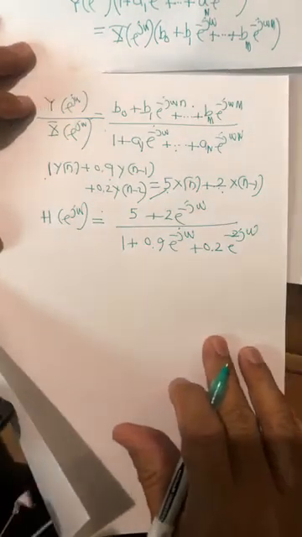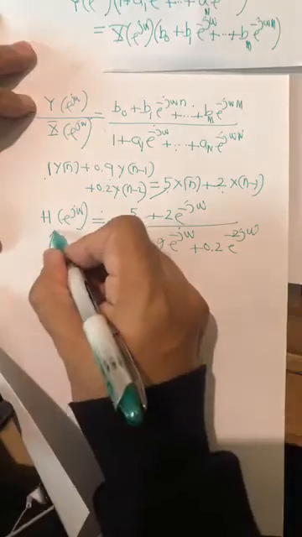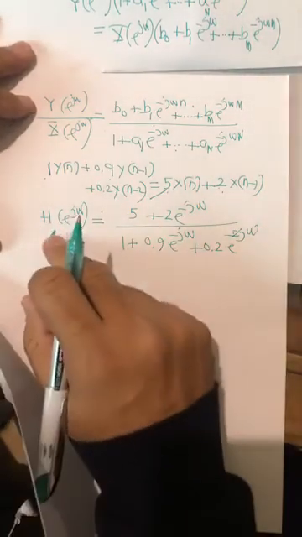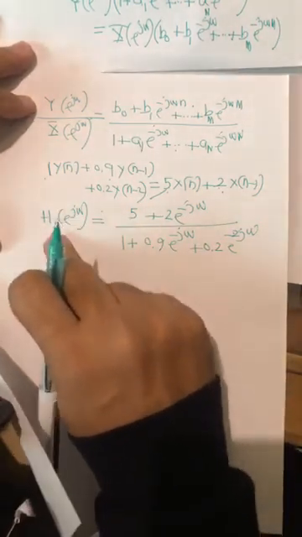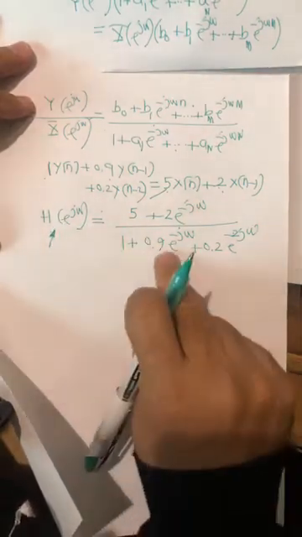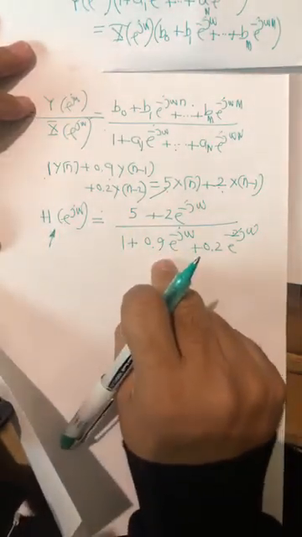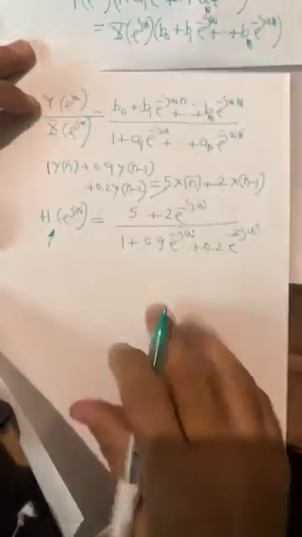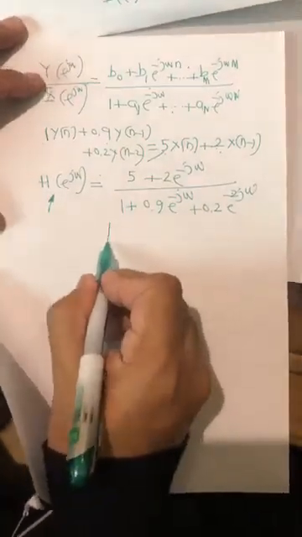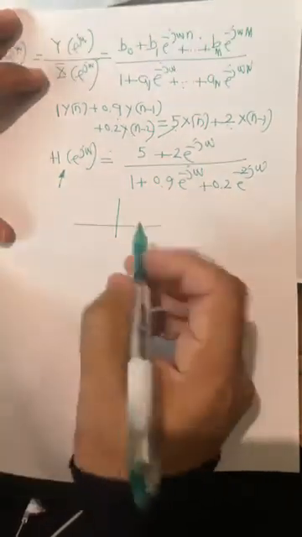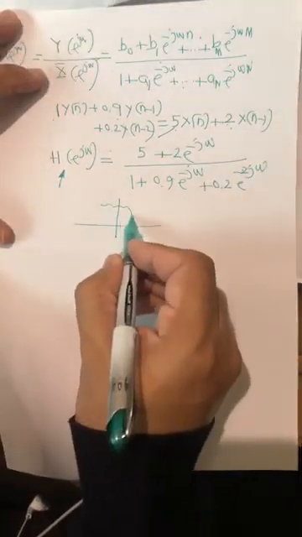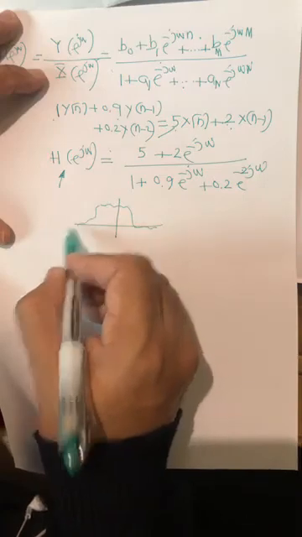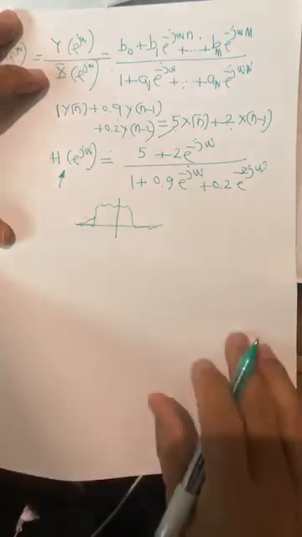So this is the frequency response, which is very important. Remember that whenever you are designing a system, you must plot the magnitude of its frequency response to find out how good a system you have designed. Mostly you are designing a frequency selective filter, so it will be something like this.